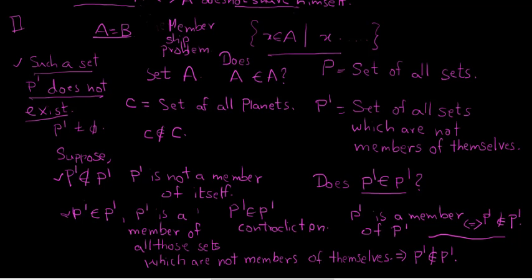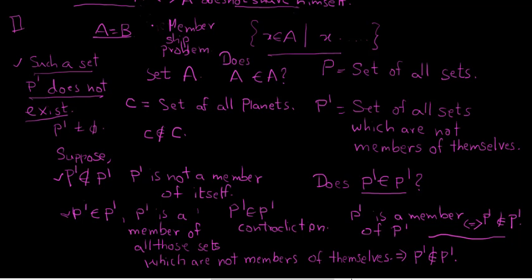Alan Turing once gave a proof of the fact that the membership problem is undecidable, and if you look at the proof of this, it involves arguments which look similar to what we did in here for Russell's paradox.